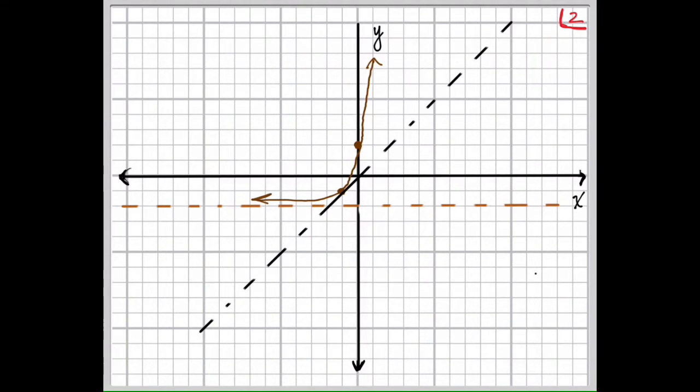That line, y equals x, is going to be the line about which I can reflect that graph, and it's going to give me the graph of the inverse. So it better look like this.